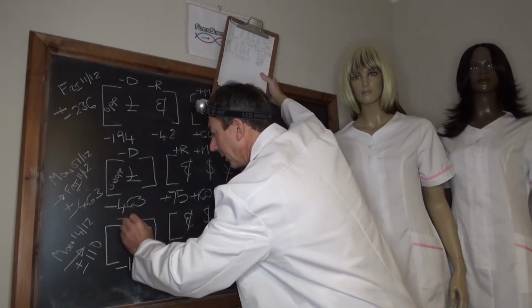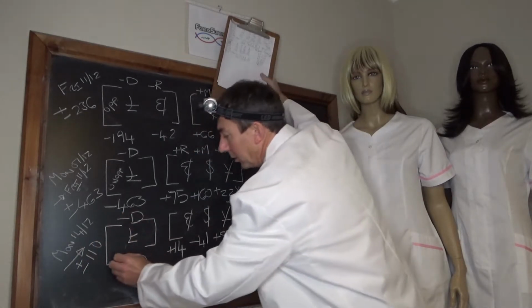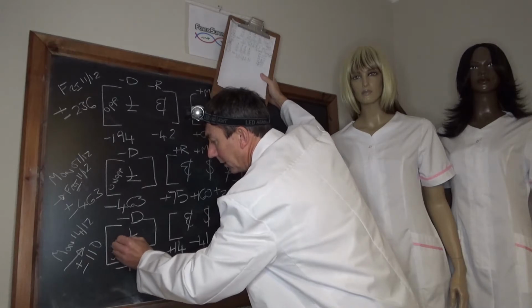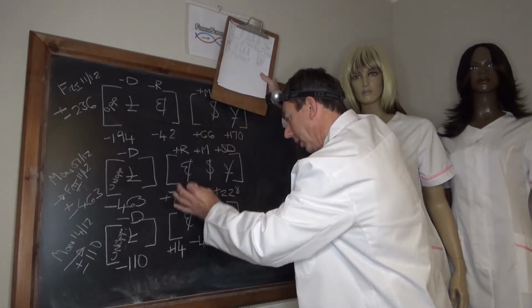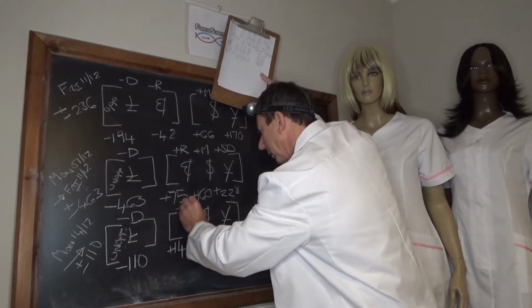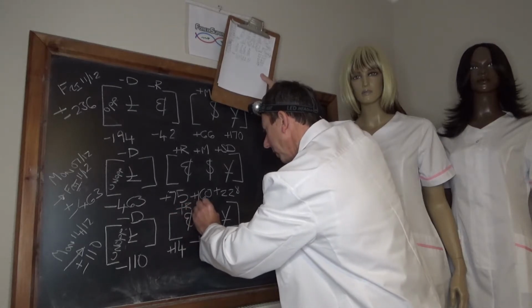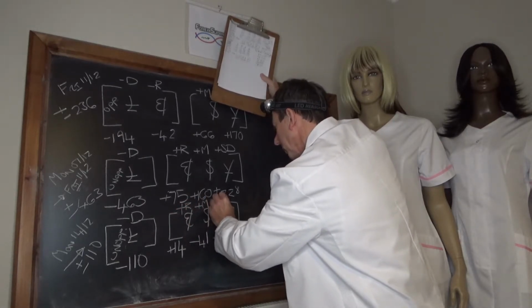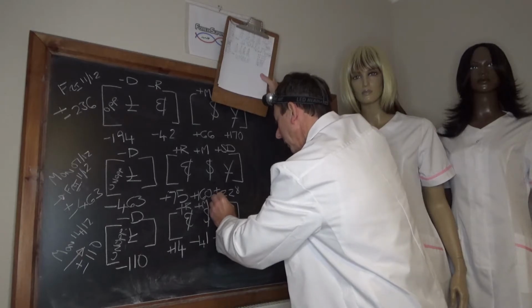So we've got a negative unopposed driver in the pound again, and we've got a positive rock in the euro, positive mover in the dollar, and a positive secondary driver in the yen.